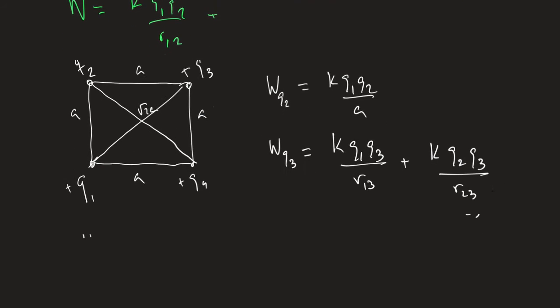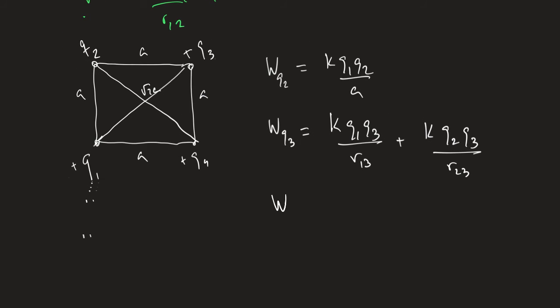I'm bringing the 4th charge from infinity to the position before, and it makes a work, and the work will be that you bring it in the presence of Q1, Q2, Q3.